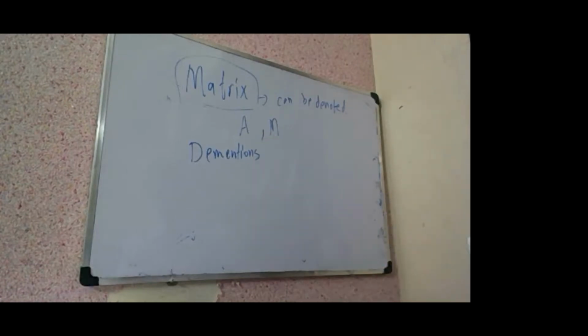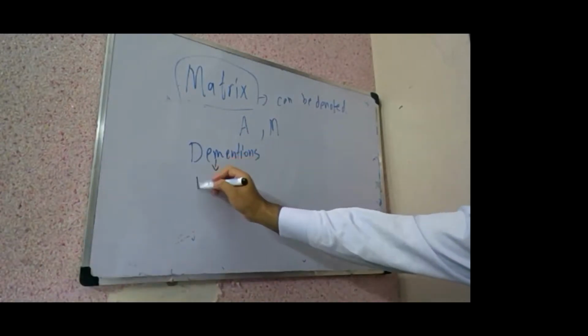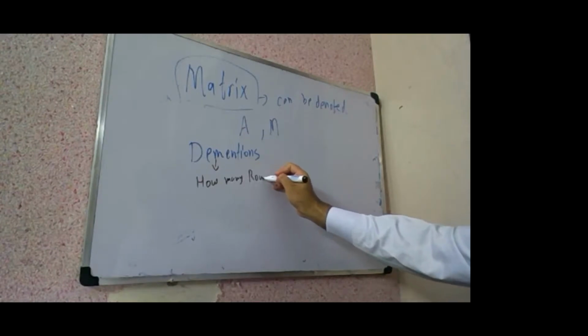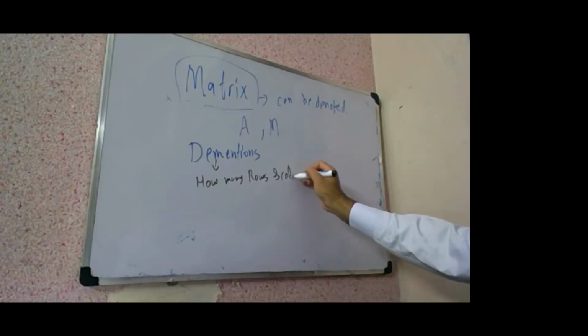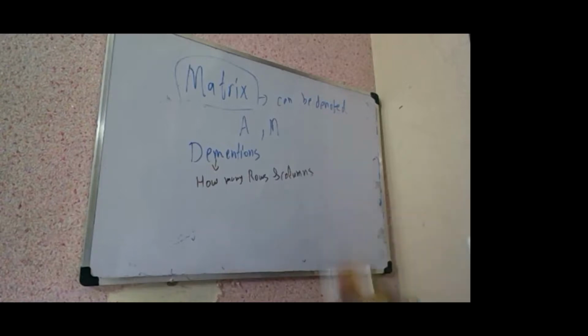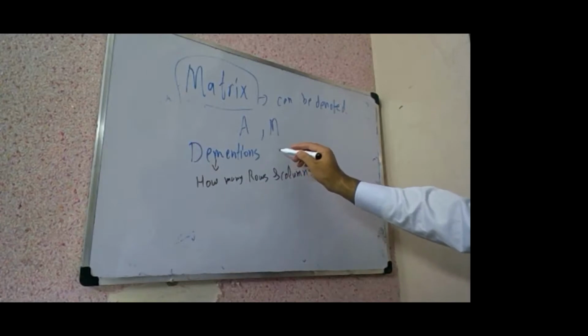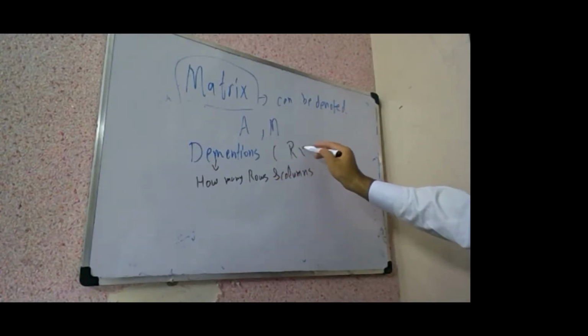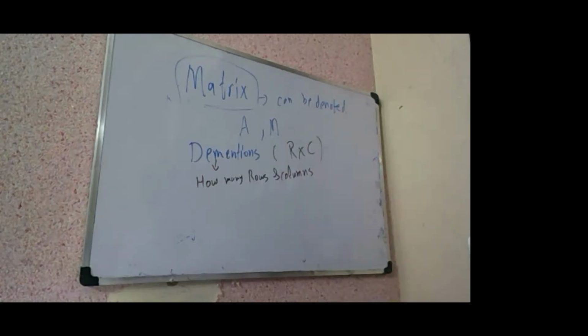Dimension means how many rows and how many columns. So mostly it is denoted by R times C, rows into columns.